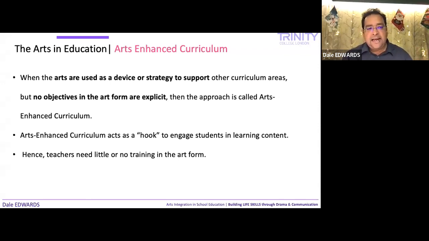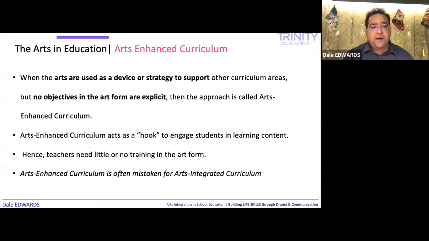And here in this kind of form, because we're still teaching just one part of the subject and not the art form, there is no real formal need or requirement for teachers to have training in the art form.